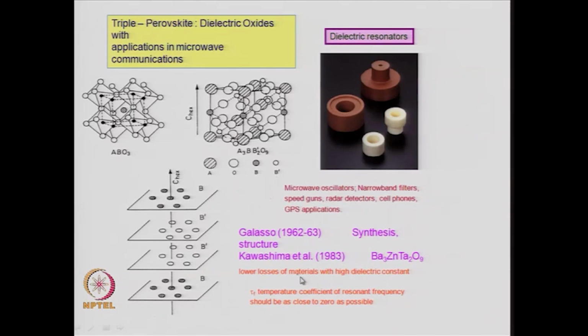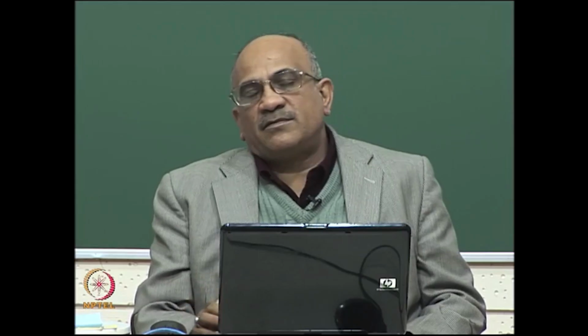loss is extremely low, and one of the most important points of any microwave dielectric is that the loss should be very small. So, the loss can be of the order of 10 to the power minus 4 or 10 to the power minus 5, then it is a very good microwave dielectric.